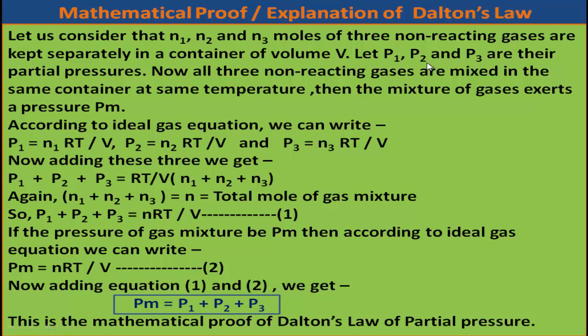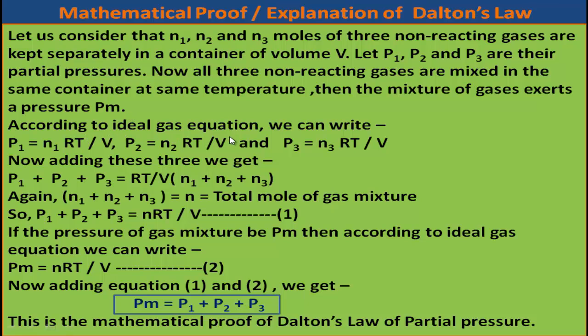Now, if their pressures are P1, P2 and P3, these are actually their partial pressures. Now, if these three non-reacting gases are mixed in the same container at the same temperature, then the mixture exerts a pressure, that is, the total pressure of that mixture, which will be Pm.